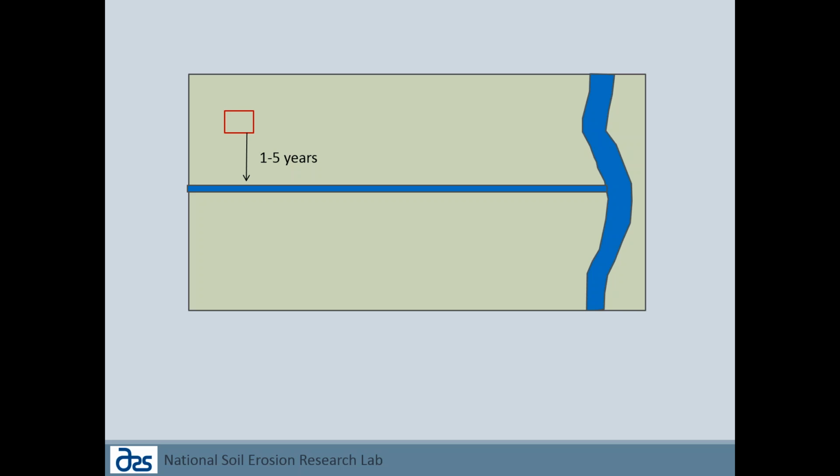So now it may only take 1 to 5 years for that water and nutrients to get to the ditch and then to the stream. And with more and more pattern tile drainage being installed, we are allowing water and phosphorus to move even quicker than before. That means our management of individual fields that would have been disconnected previously is really important for phosphorus management.